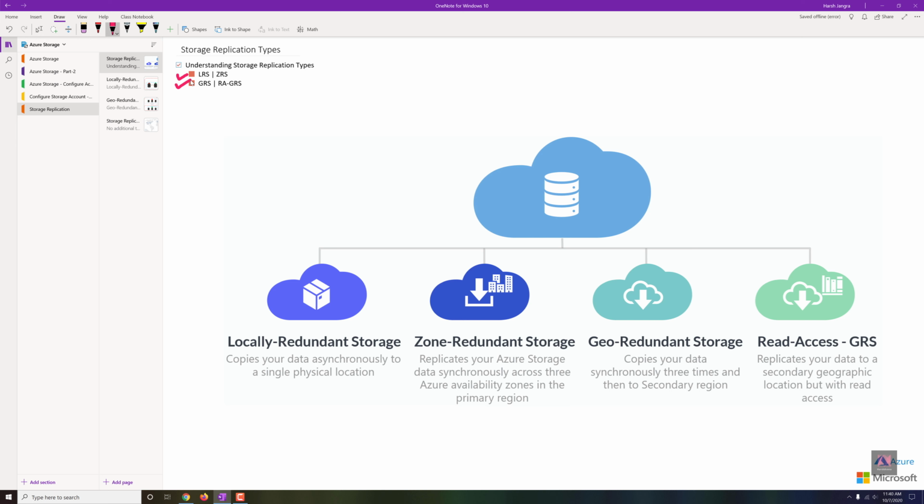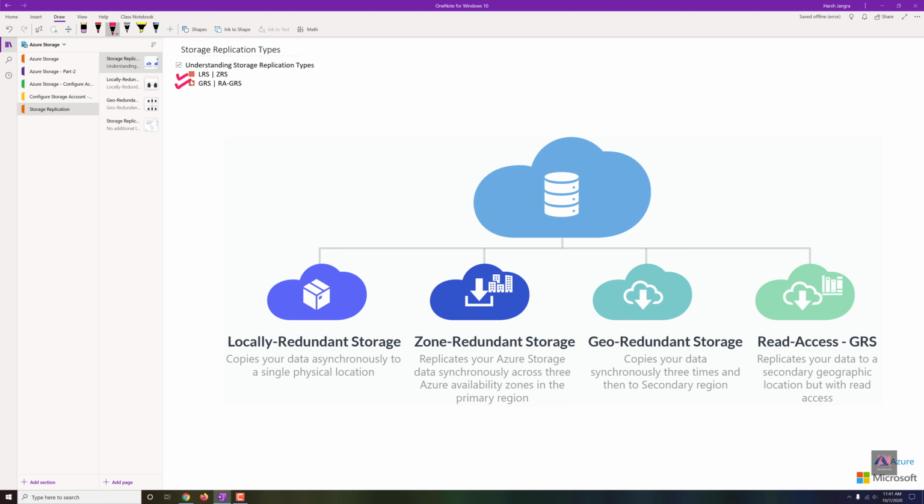The next one we have is GRS. If they say, hey, we need disaster recovery, whenever they speak this word, that means you have to choose a storage account type or any kind of service which consumes geo-redundant storage, because it actually copies your data from one region to another region. Now the fourth one we have is read access GRS.